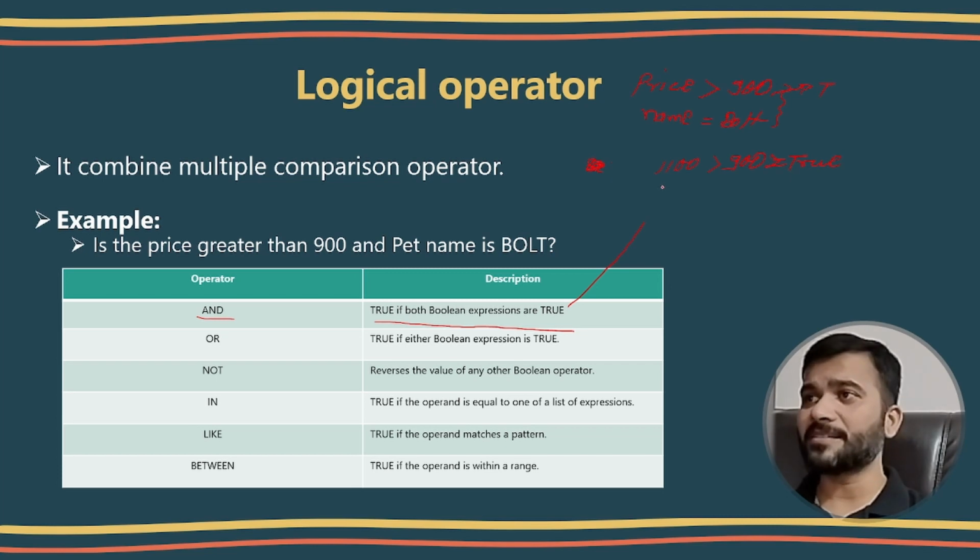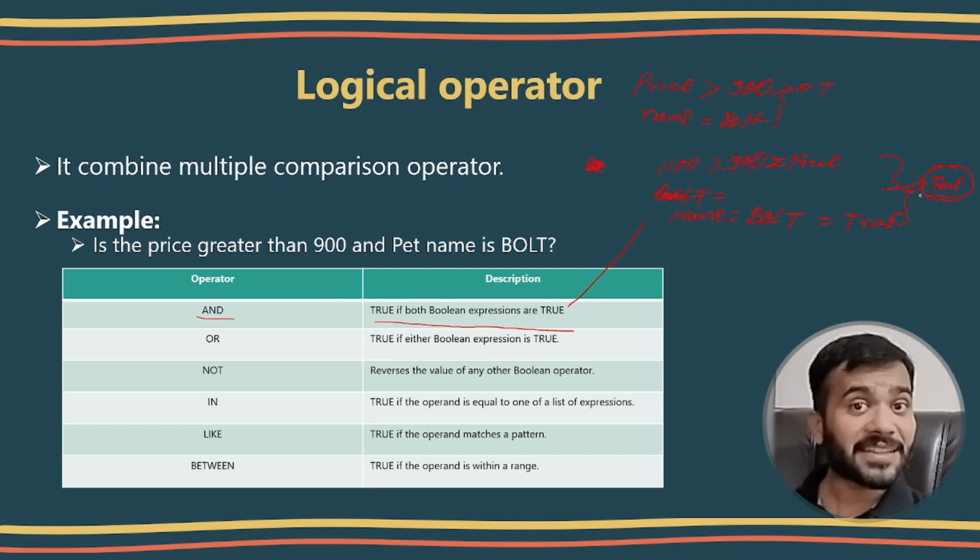Let's say yes, name is also Bolt. So now again it will come as true. So if both conditions are true, then it will return the value. True means it will return some values.